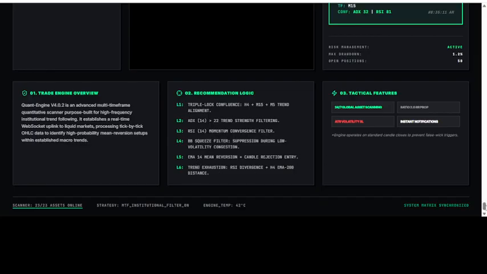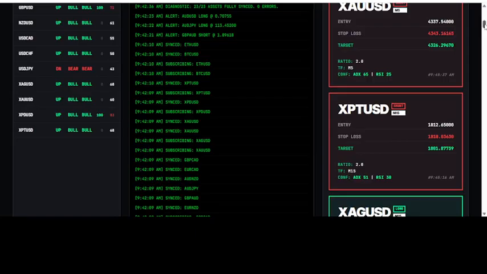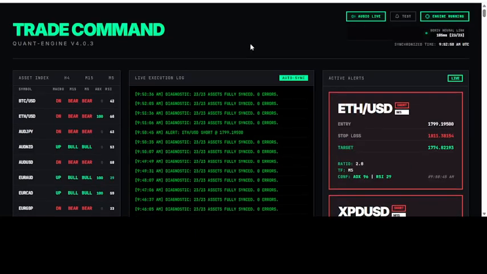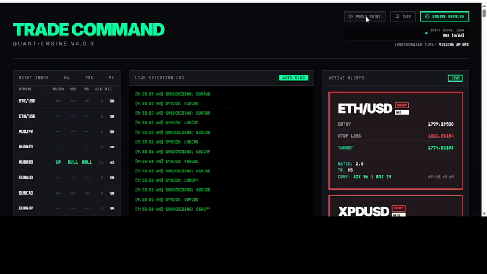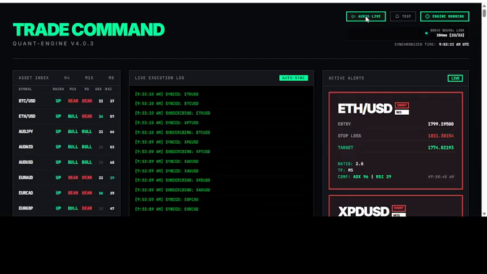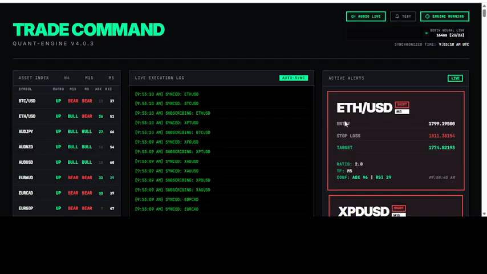Okay, in order to operate the engine, we're going to rerun the software here, and then I'm going to turn on the audio alert to help us get signal alerts. A previous alert which occurred here was on Ethereum.